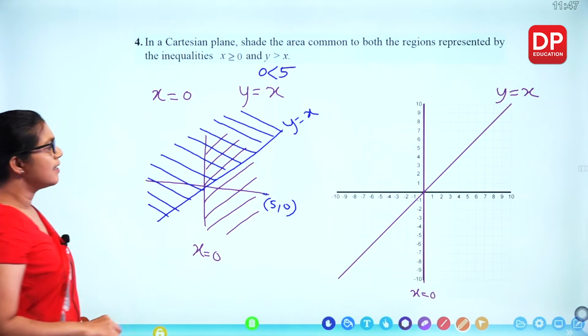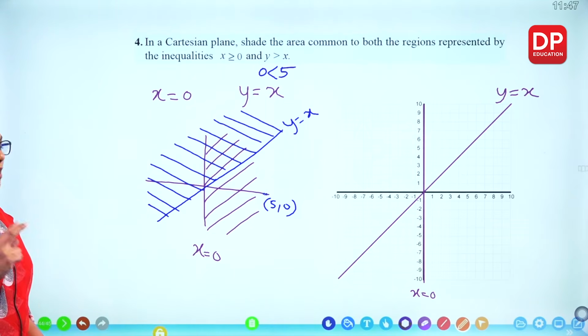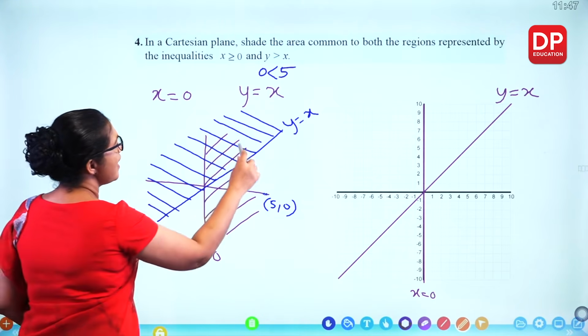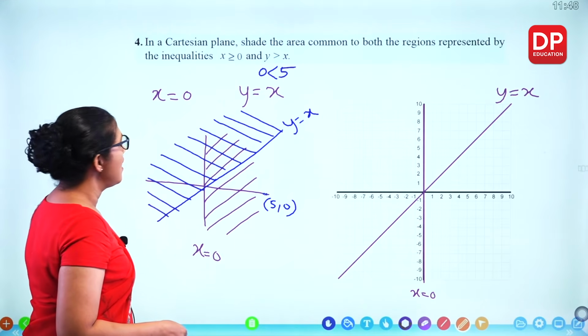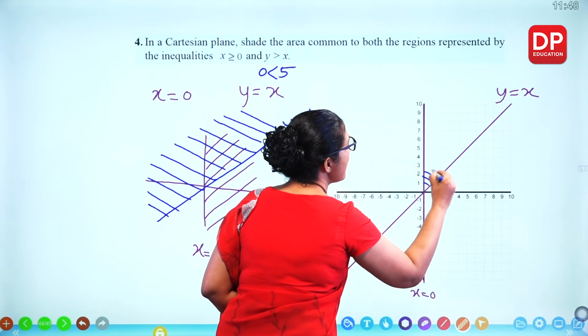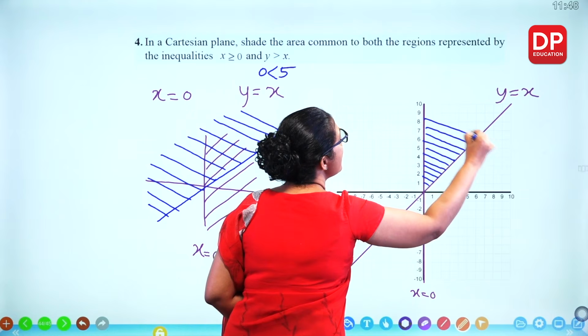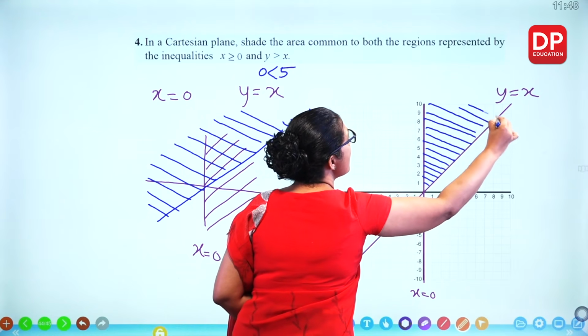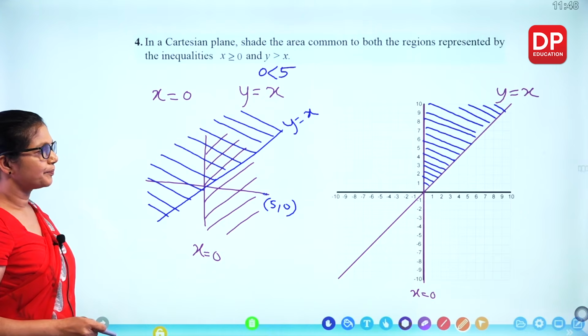That's the appropriate one for y greater than x. Now we need to identify the common region. So what's the common region? I can see the red and blue lines here. So this region. On this Cartesian plane I can mark this is the appropriate region satisfying both these inequalities.